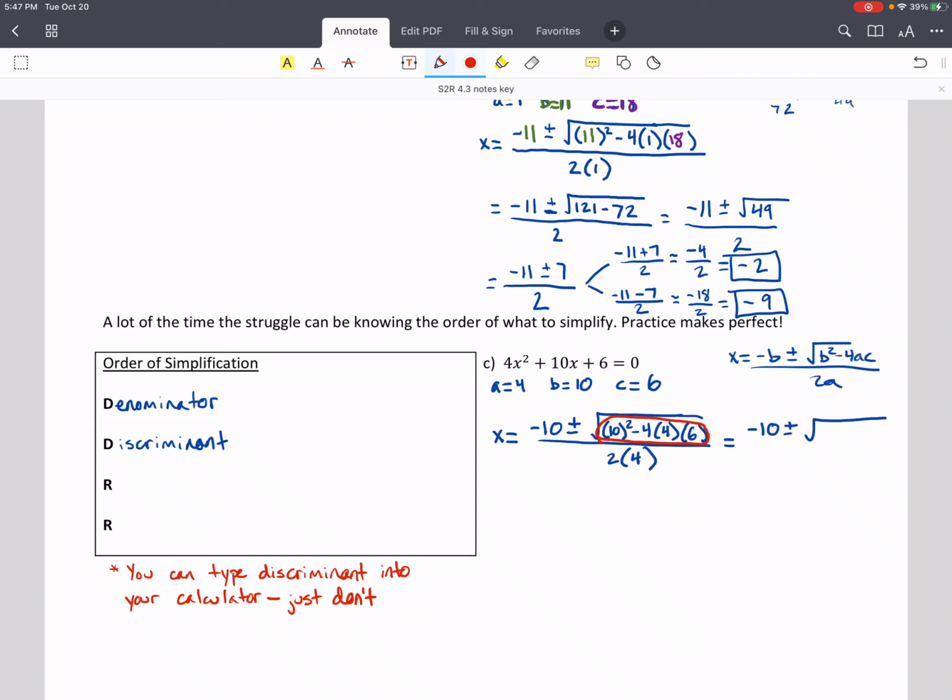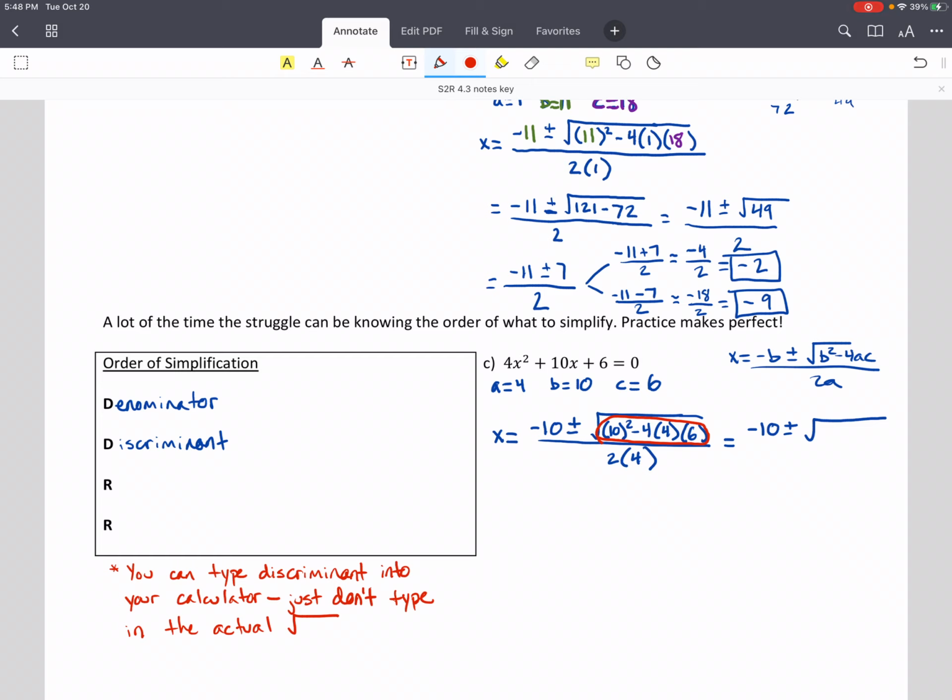I only circled the stuff inside the radical. Because if you do that, it's just going to be so messed up. Anyway. Hold on. I'm grabbing my calculator this time. It wasn't that far. I was just too lazy to put it.